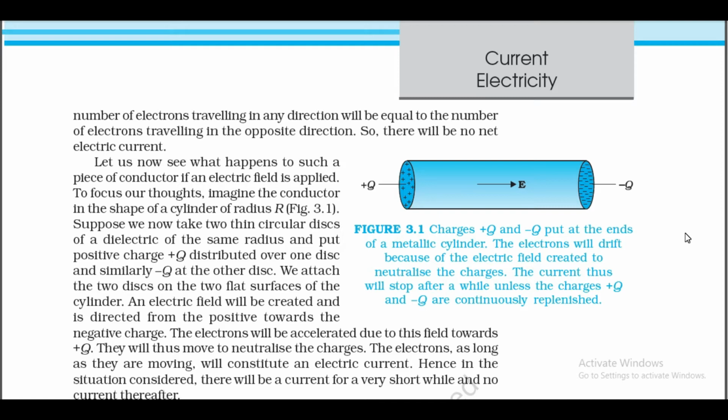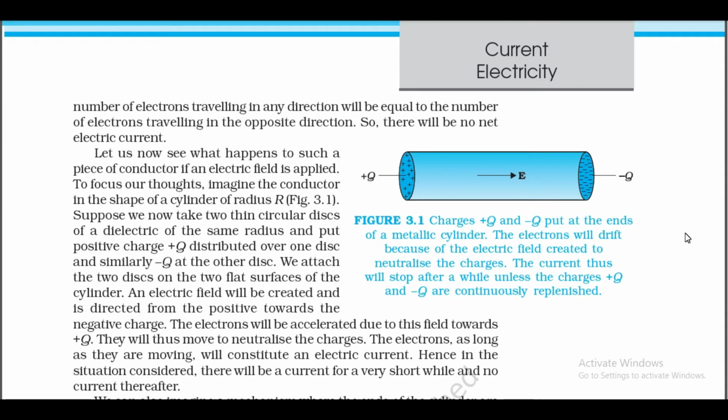Suppose we now take two thin circular discs of dielectric of the same radius and put positive charge plus Q distributed over one disc and similarly minus Q at the other disc. We attach the two discs on the two flat surfaces of the cylinder. An electric field will be created and is directed from the positive towards the negative charge.